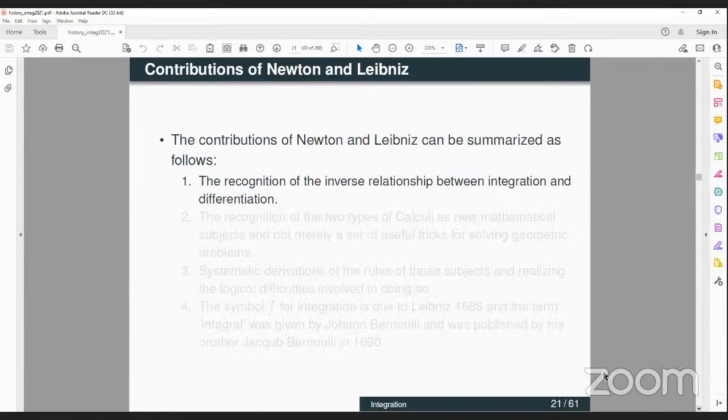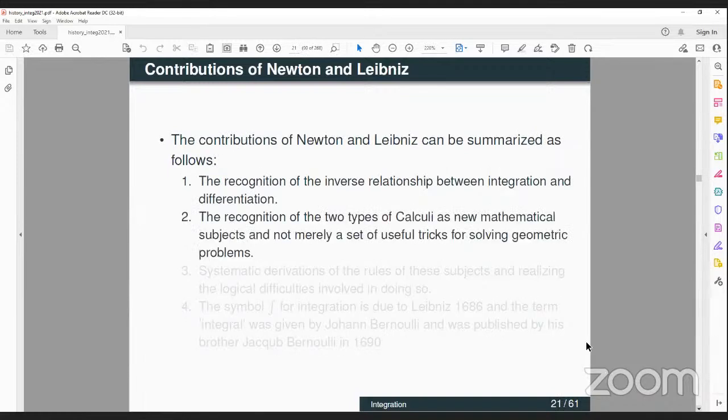The contributions of Newton and Leibniz we can summarize as follows: the recognition of the inverse relationship between integration and differentiation. They both recognized that they are inverses of each other. They also realized that there are two different kinds of calculus, what we call differential calculus and integral calculus.